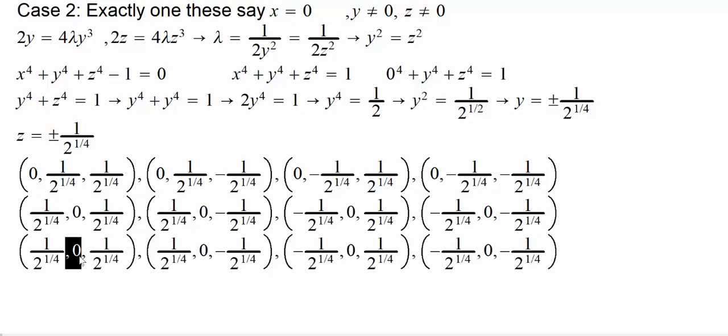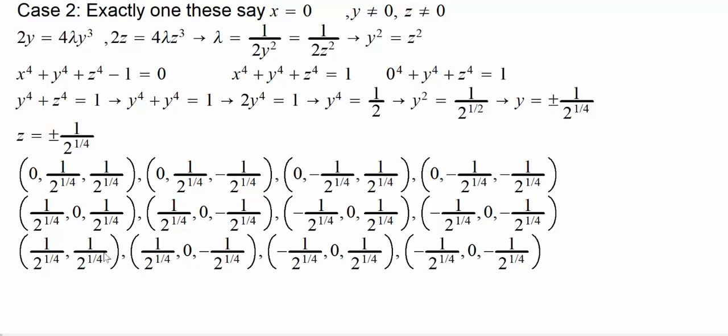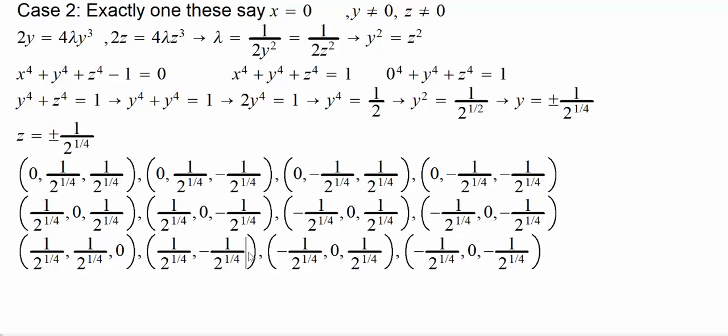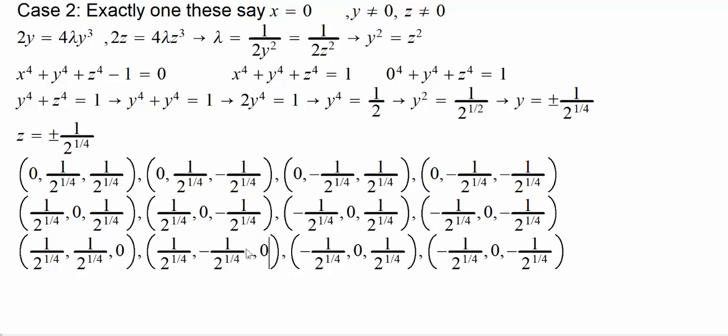And what you can see is that, since we are trying to find the max or min of x square plus y square plus z square, all the values will be identical at these points, okay?